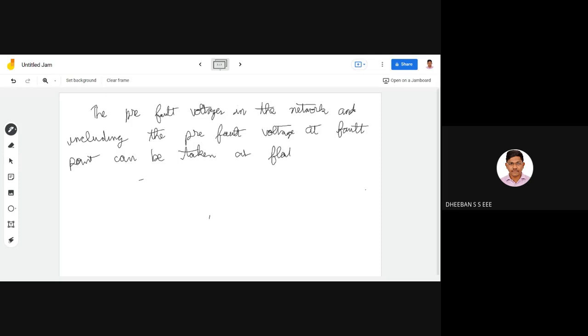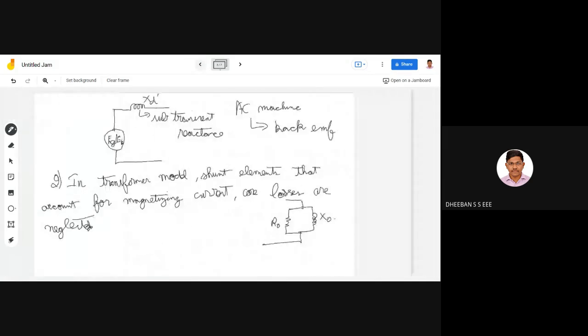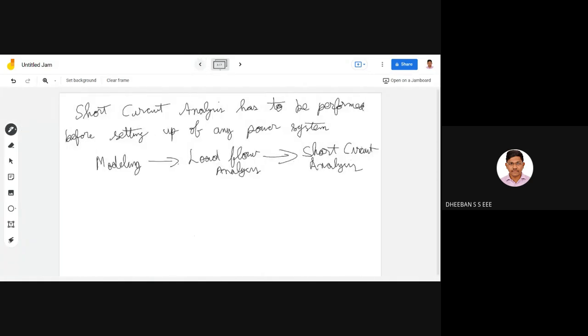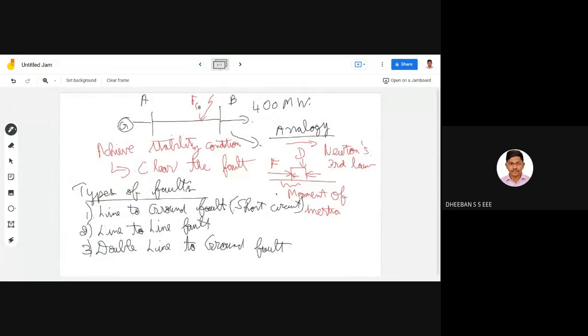So what they are saying is that if you're considering a point, for example, you consider A to B, the same example you have seen, and from this A to B you have to perform a short circuit analysis. At that time, you have to consider your pre-fault voltages.